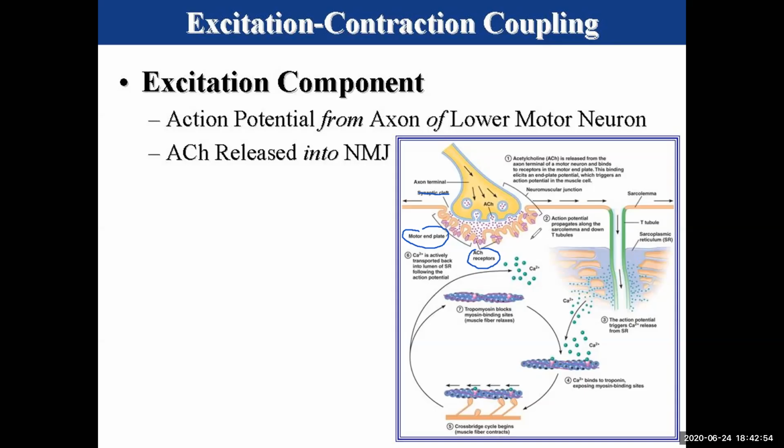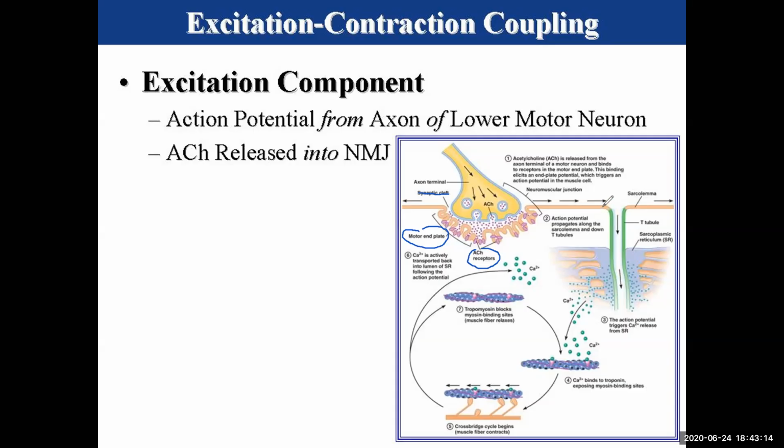And once that action potential is generated, it will be spread throughout the entire skeletal muscle fiber. It spreads also deep inside because of these invaginations that we call T-tubules.